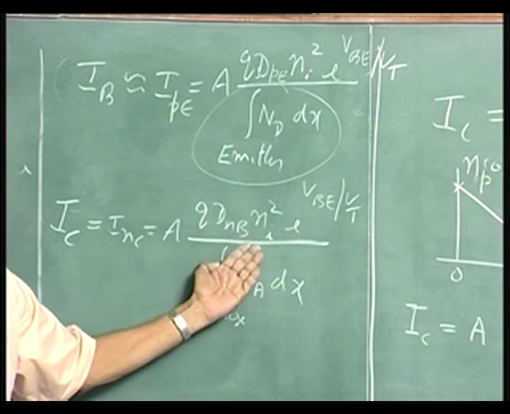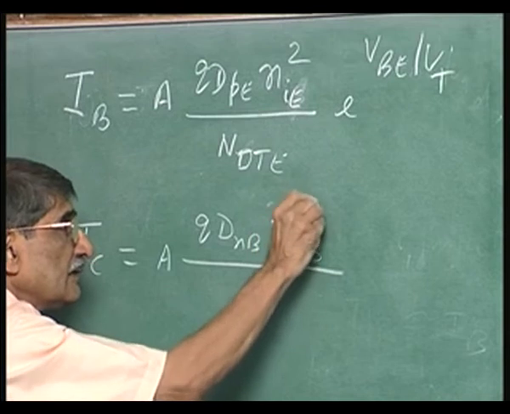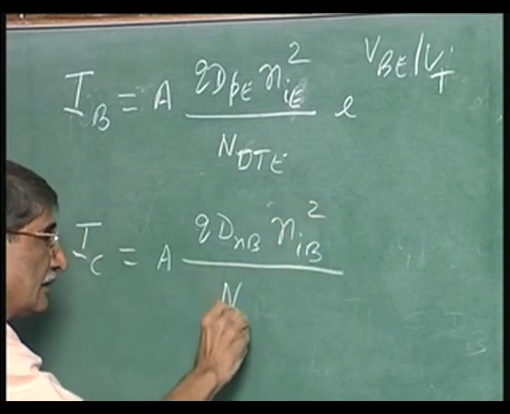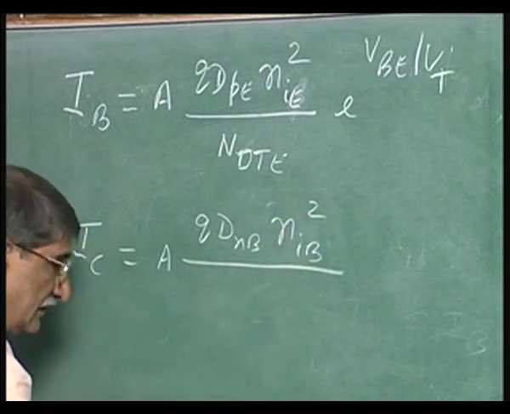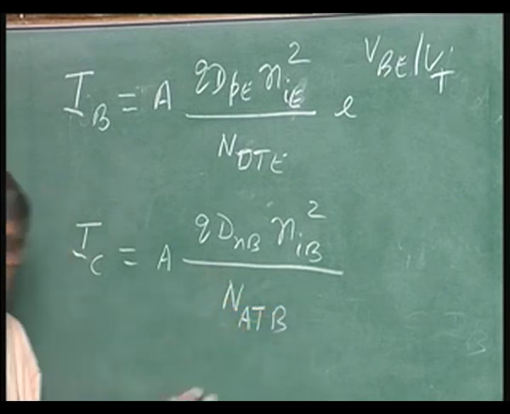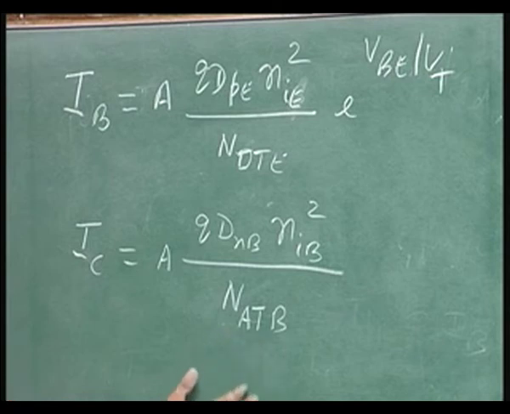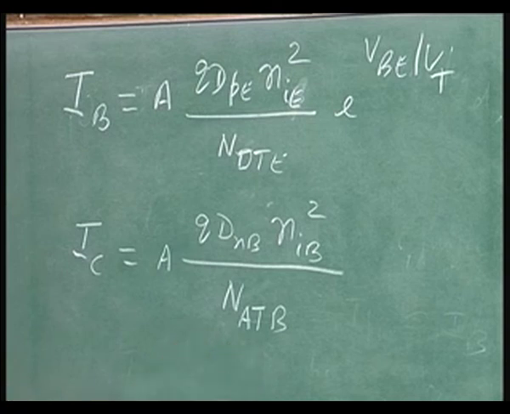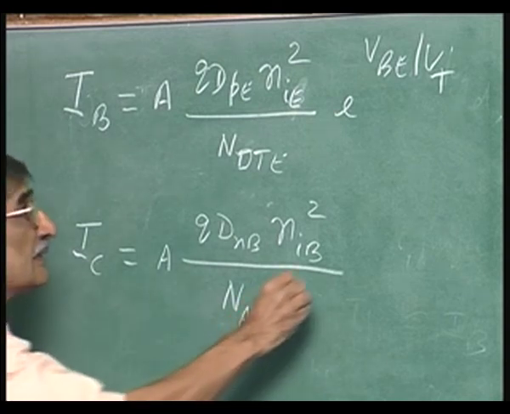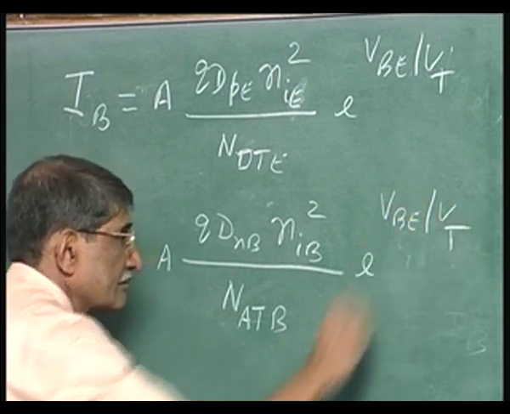This one will be Nib. Okay. So, that is Nib square divided by the total acceptors in the base region. NA acceptor, total acceptor concentration, just a way of putting it, if you are writing integral NA d of x every time, you put that total doping concentration integral, into e to the power VB by VT.